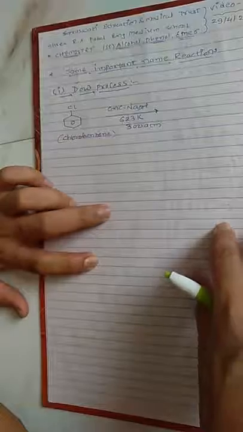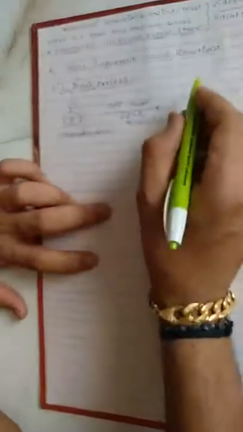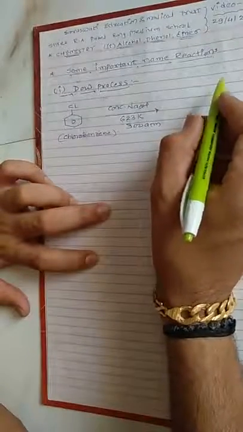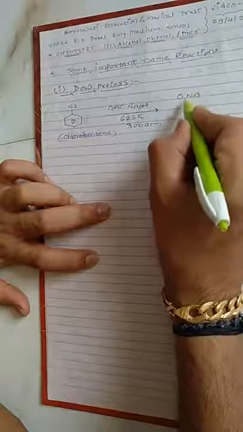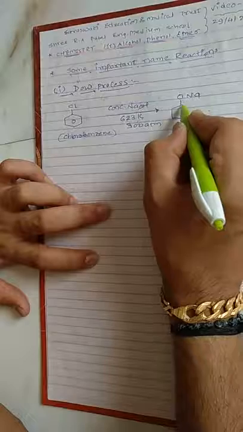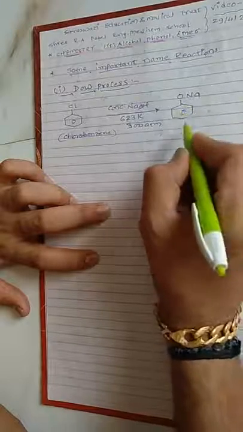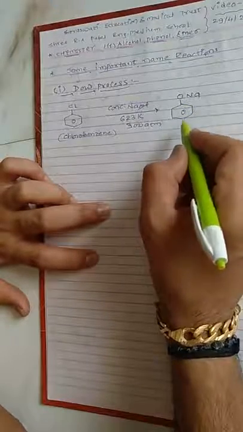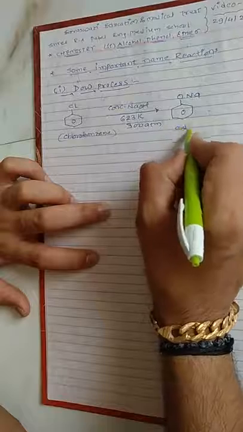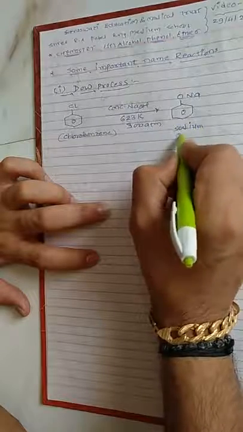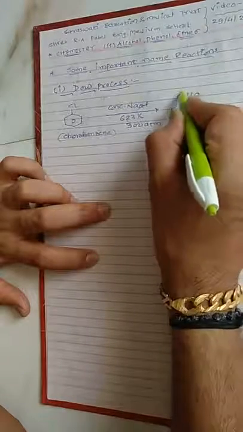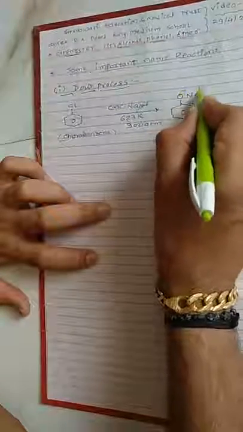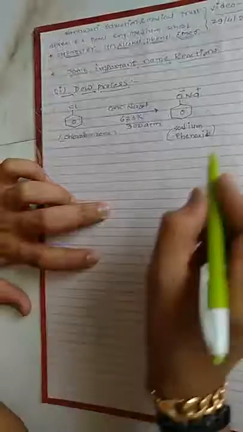Due to that, first of all, the intermediate compound which is formed is sodium phenoxide. I will write the name of the compound, sodium phenoxide. In sodium phenoxide, oxygen acquires partial negative charge, sodium atom acquires partial positive charge.